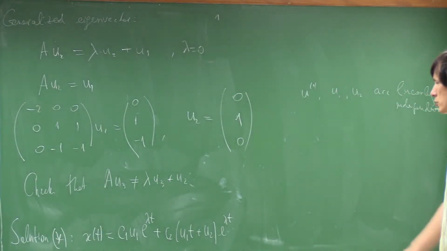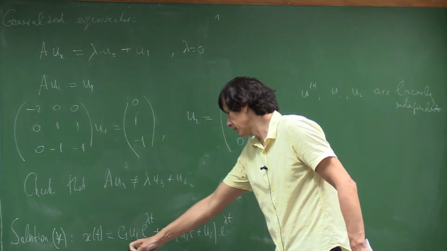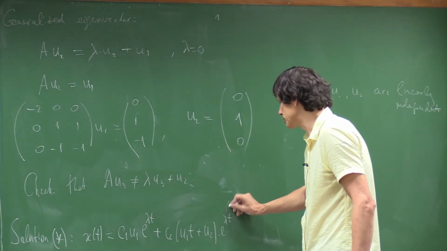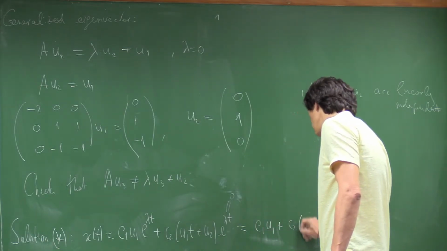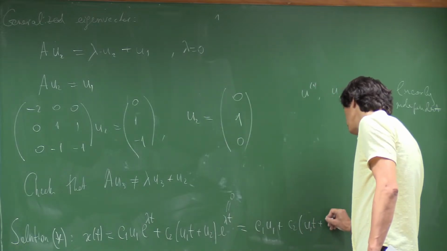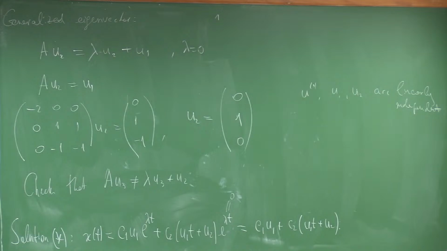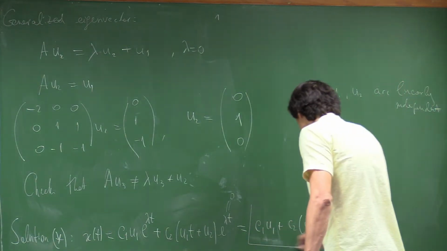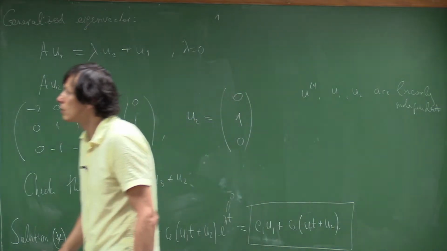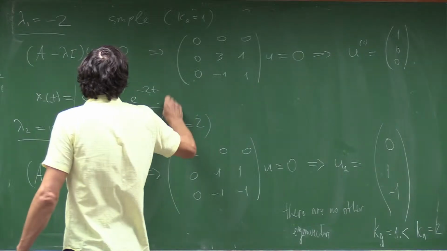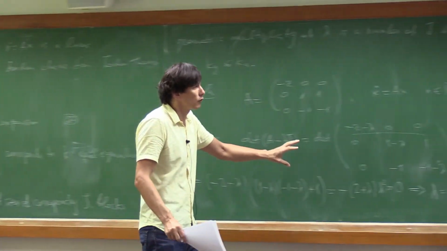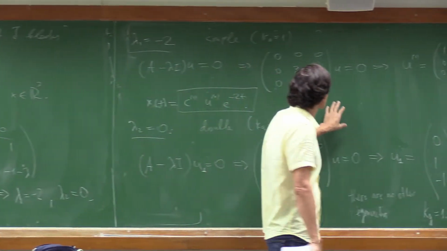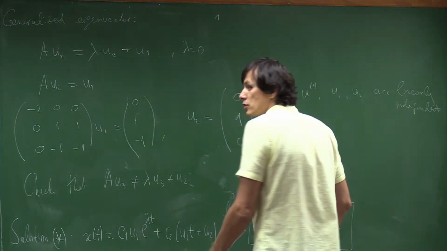So this is our solution star for the generalized eigenvector. But now remember that lambda is 0. And this gives you C1 U1 plus C2 (U1 t plus U2), because the exponent is 1. So we have this solution, and we have this solution. And our corollary tells us to take the sum of solutions for all eigenvalues, with the generalized eigenvectors, and you get the general solution.